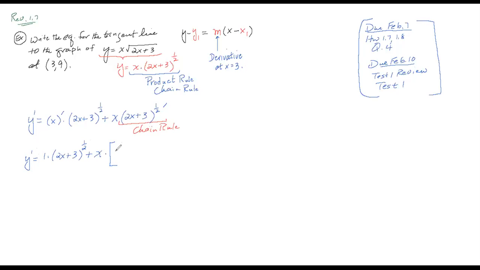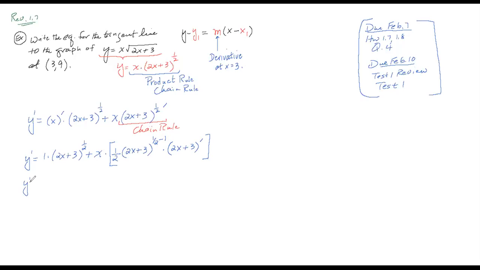Come on, folks. 1/2, go on, (2x plus 3) to the 1/2 minus 1. Very good. Times (2x plus 3) primed, correct?